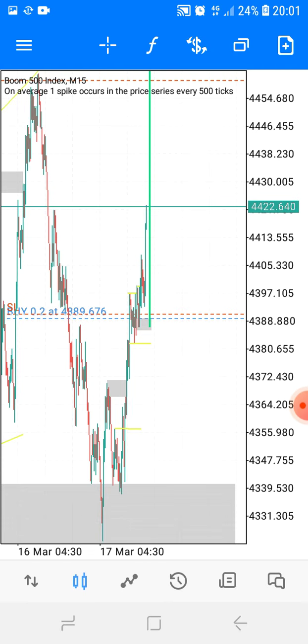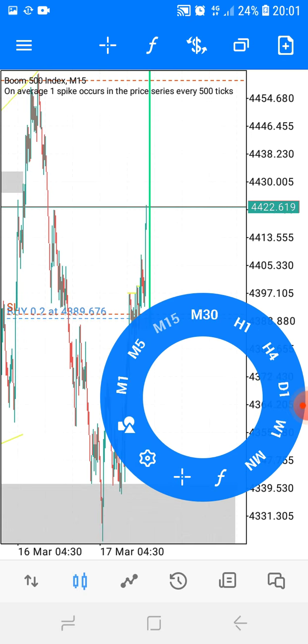So guys, I just want to explain to you how I took the trade. Let's go to landscape mode and get to it. Now let me delete these because they might confuse you.